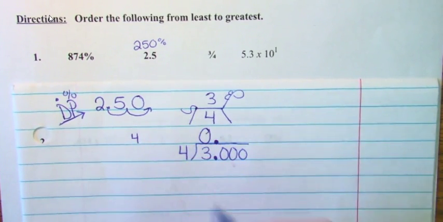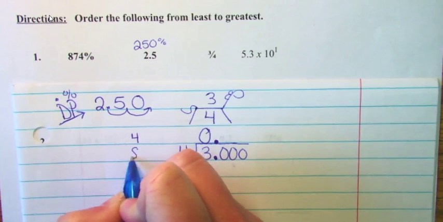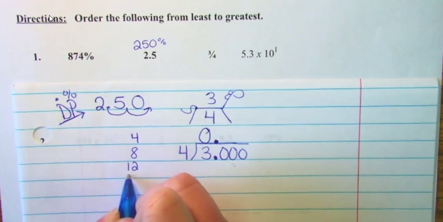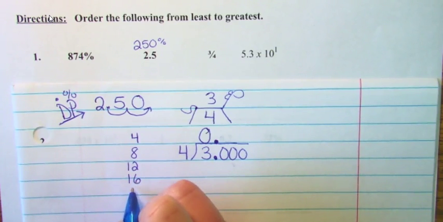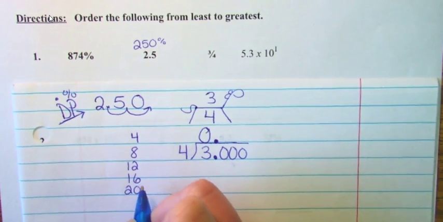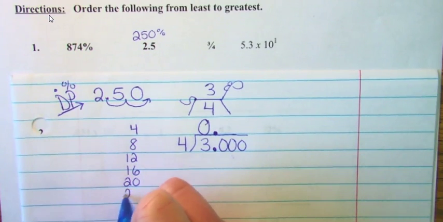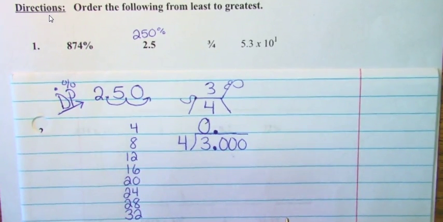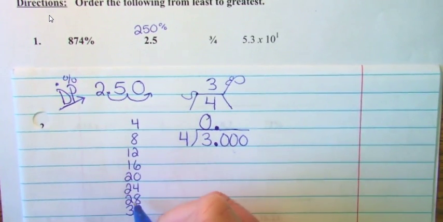Some of us know how many, and if you don't though, start using that strategy of your multiples. So we count up by 4s. 4, 8, 12, 16, 20, 24, 28, 32. So I was adding 4 each time. Oh, 32 is too big, so I can know that it's going to end in 28.